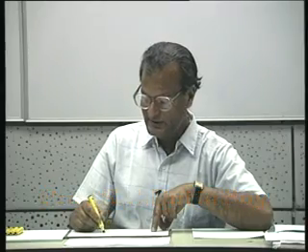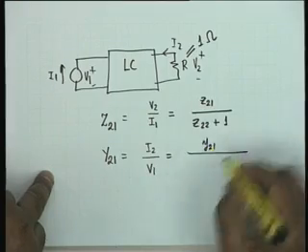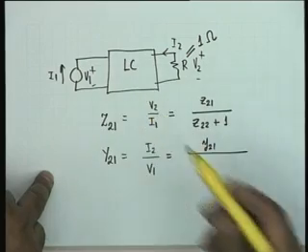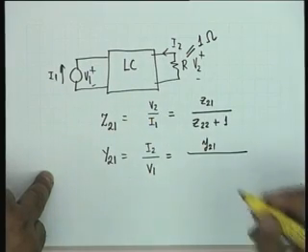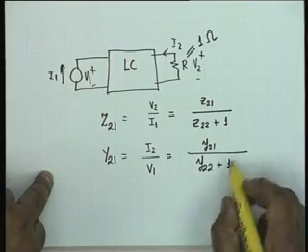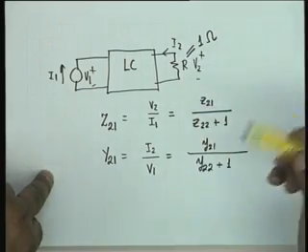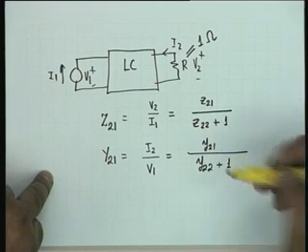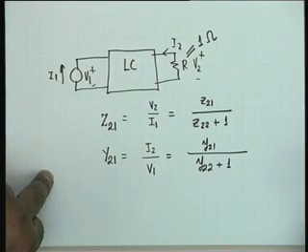Similarly, Y21 can be expressed in terms of the admittance parameters of the LC network, Y21 divided by Y22 plus 1. If this R was not 1 ohm, then this would have been G, that is 1 by R. That is the only difference.